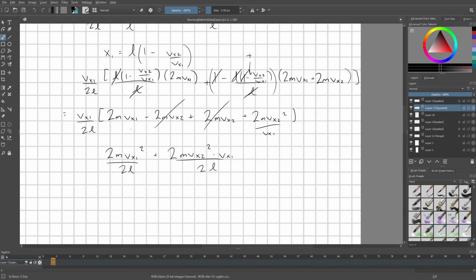Now watch the cancellation. And also this was divided by vx1. Here we go. 2's cancel. 2's cancel. This vx1 cancels. The vx1 cancels. And we get m vx1 squared over L plus m vx2 squared over L. Look at that.